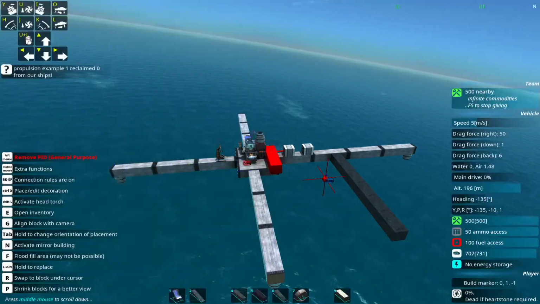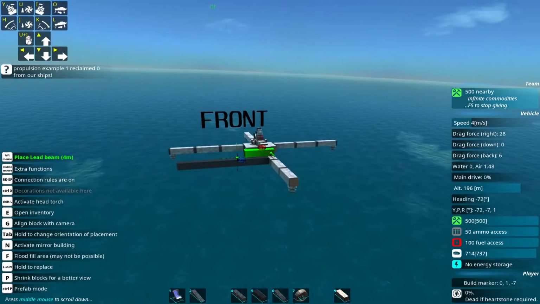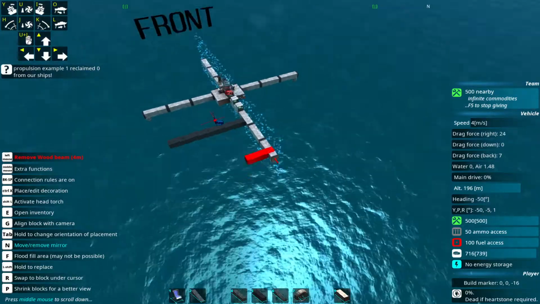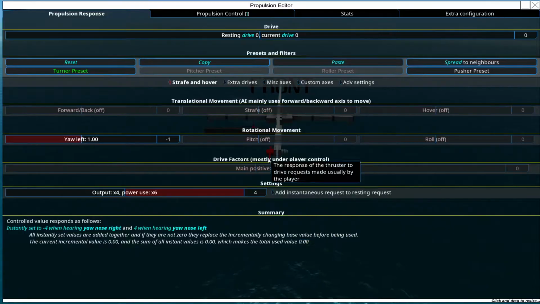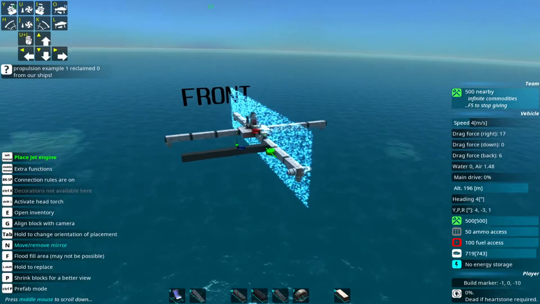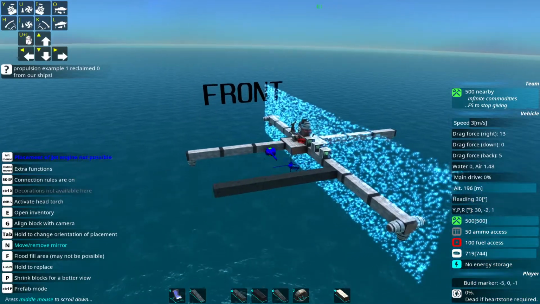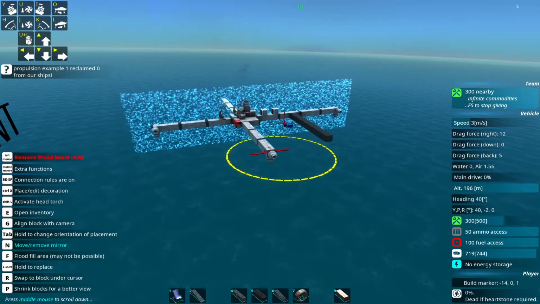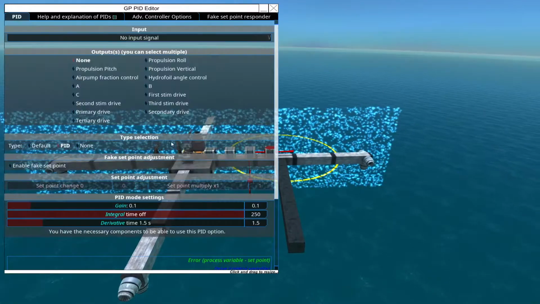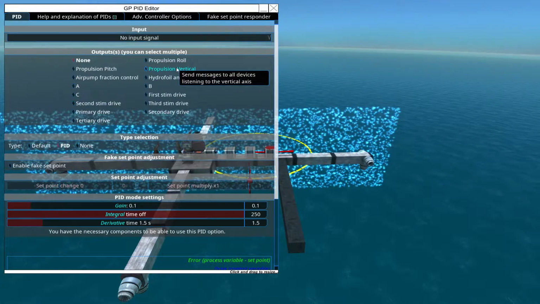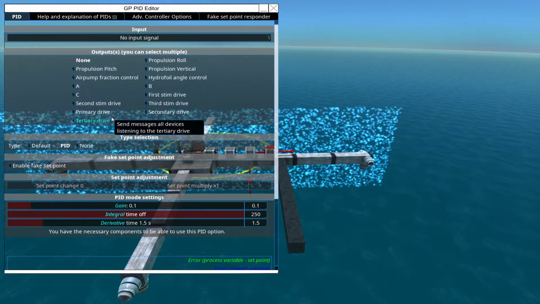Yeah, so much about PID systems. And of course you can do the same for all the other axes, also for yaw. This is now yaw thruster, and for strafe, for example, I could put on a forced PID and set this to, is there a propulsion yaw?